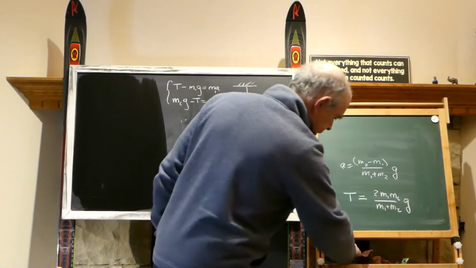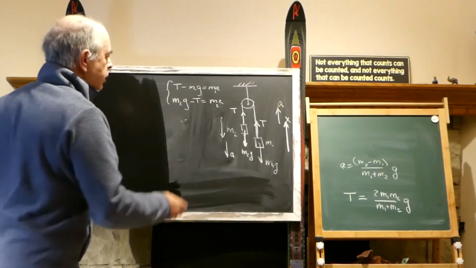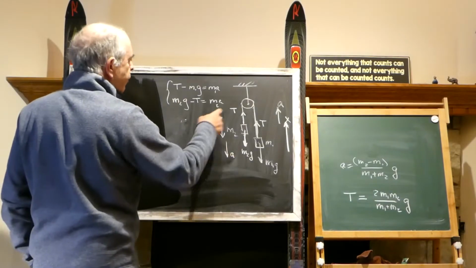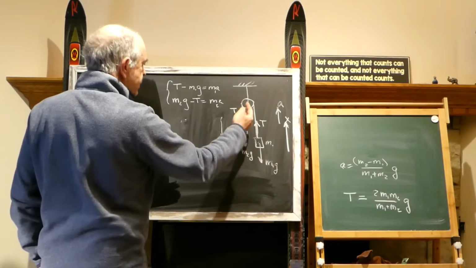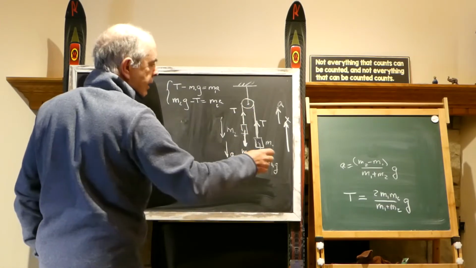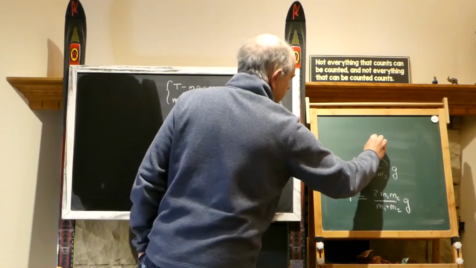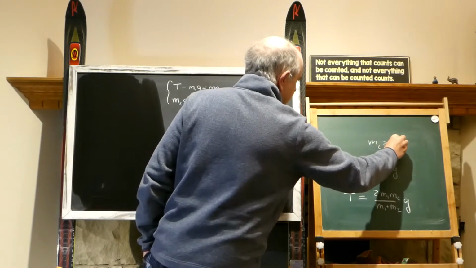Now, when masses are not equal, we of course know that this formula shows us that T on this side is a little bit bigger than M1G and pulls it up. I am considering that M2 is greater than M1, just for simplicity, right?